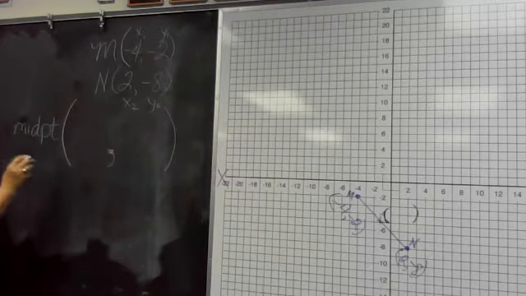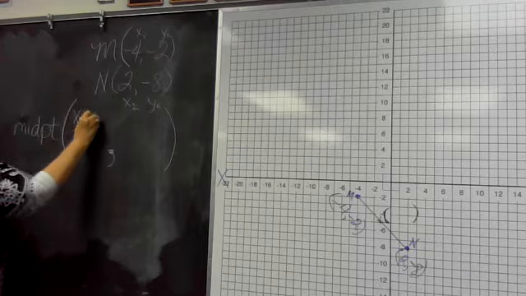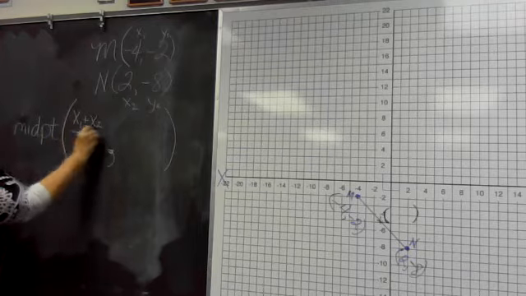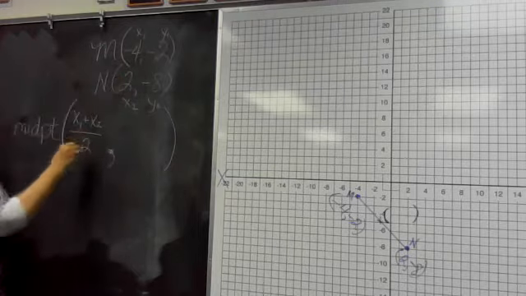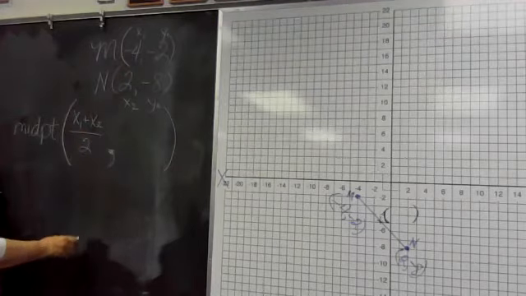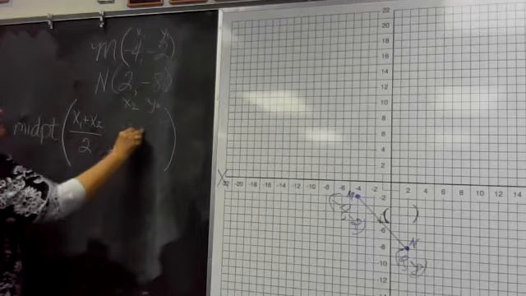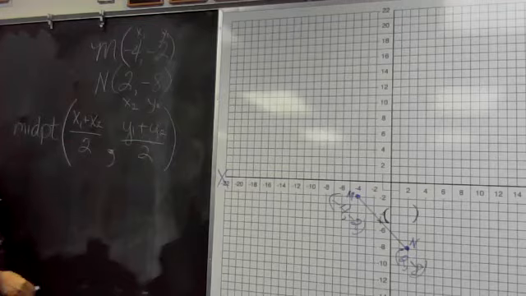The actual formula says x1 plus x2 over 2. So it says just add the x's and divide by 2. And the y is y1 plus y2, and you're going to divide that by 2, and that's it.